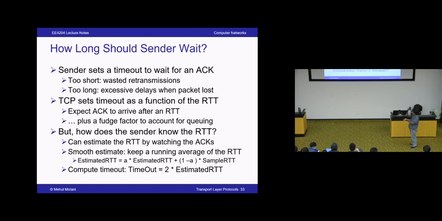So my estimated RTT is my old estimate times A plus 1 minus A times my current measurement. Okay, and you get to choose A. If you choose A to be 1, then you just have a historical estimate. If you choose A to be 0, then you're just chasing the current estimate, okay? And then you set the timeout to be something like 2 times the estimated RTT.